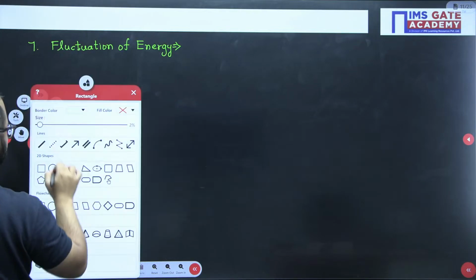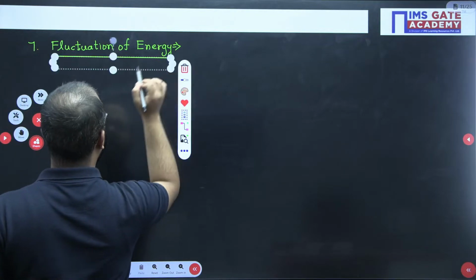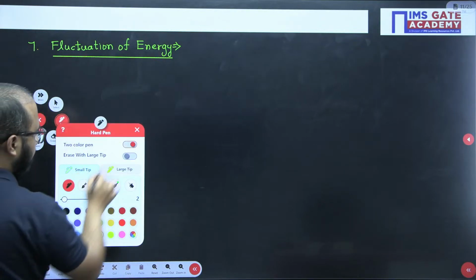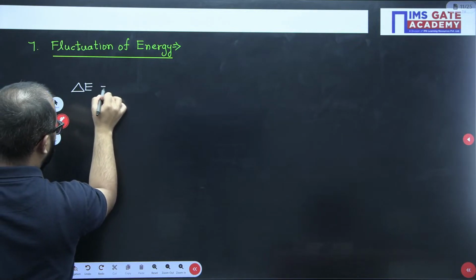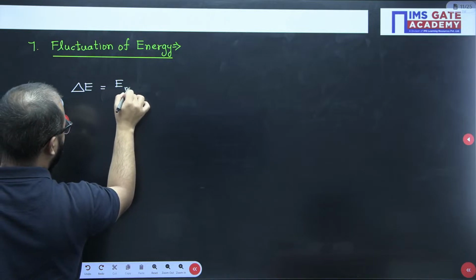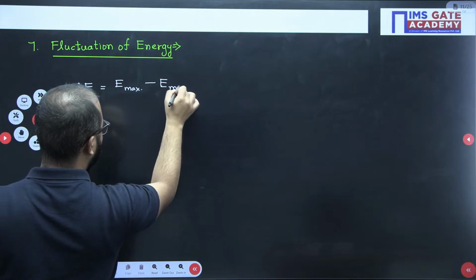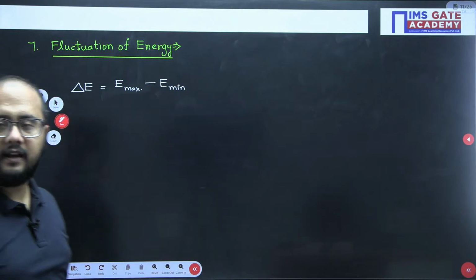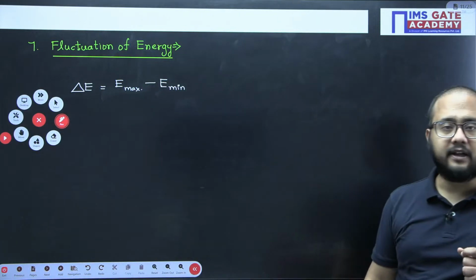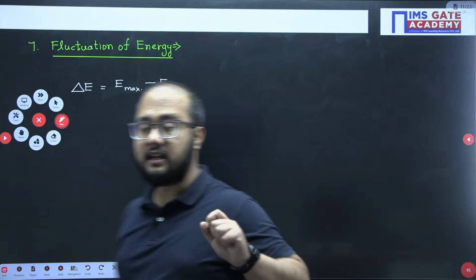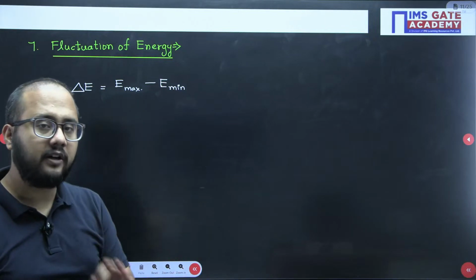It is represented by delta E. It will be equal to the maximum energy minus the minimum. So that's how we are going to calculate it, right? Maximum minus minimum. So this is the delta E value. Now we will further simplify this relation, so that we get one final formula here.